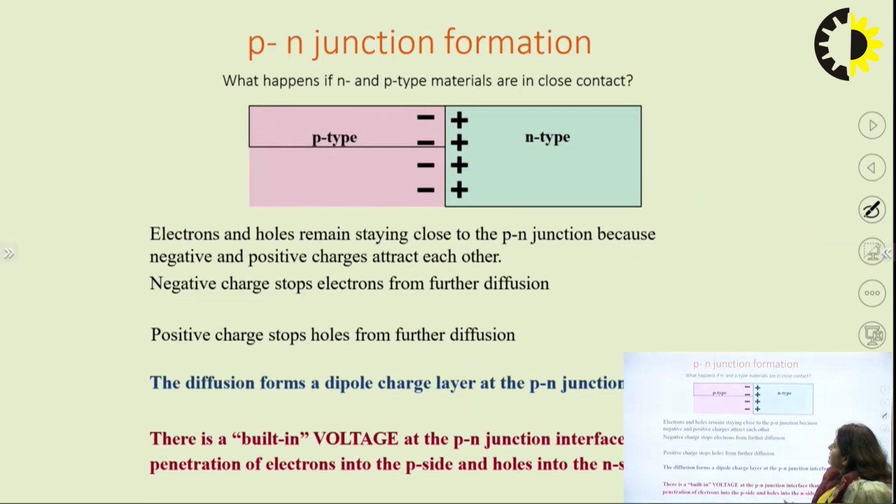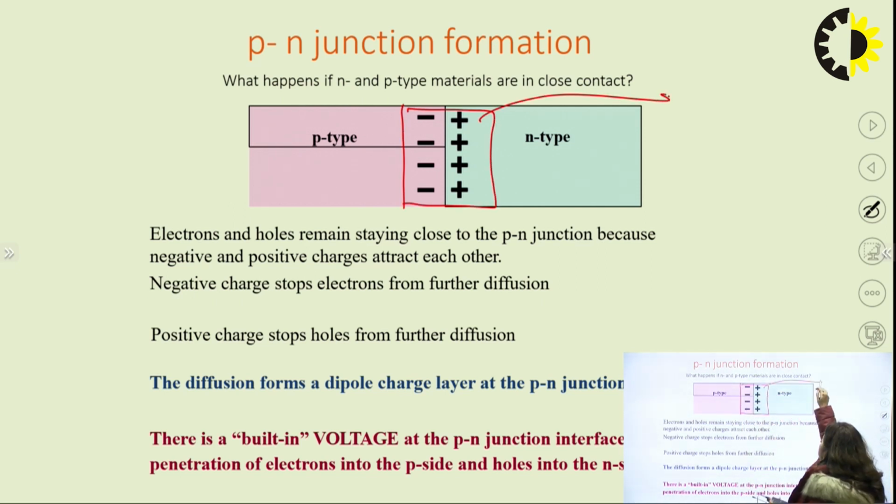So what happens if N and P type materials are in close contact? When they are in close contact, as I have told you, the P type material will create a positive charge on the N side, and the N type material will create a negative charge on the P side. So we have this type of region created here, which is called immobile charge carriers.